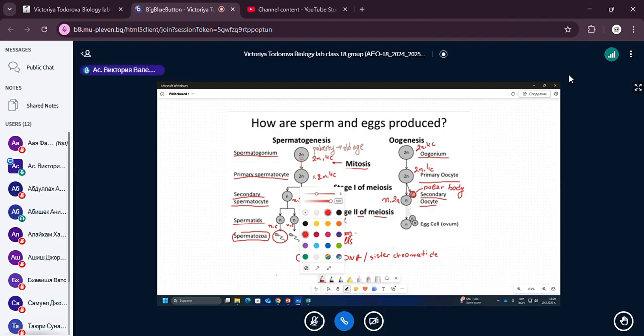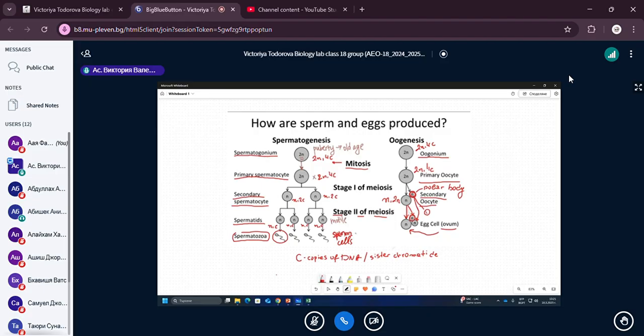Okay. So this secondary oocyte divides into one ovum. This is the ovum, or as you know it, the mature egg cell, and another polar body. And this polar body can divide also into another polar body and one more.